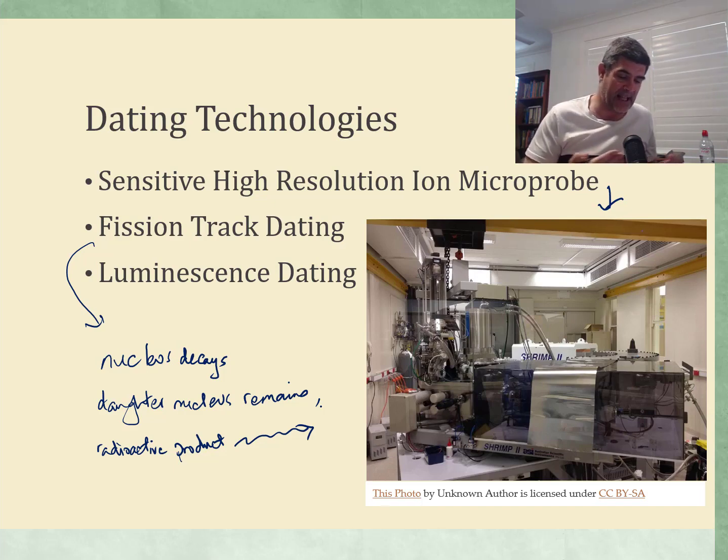So as that particle tries to escape, we can almost see evidence of where it went. And that's the principle upon which fission tracking and luminescent dating are based, that we can track where the particles or radioactivity have gone after the nucleus has decayed.